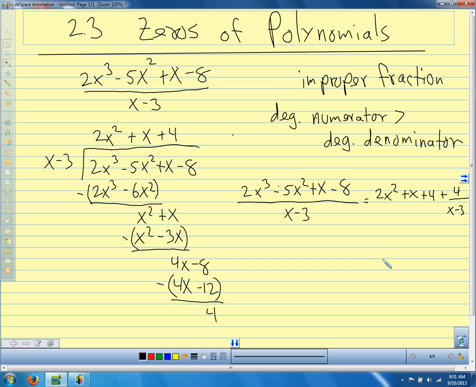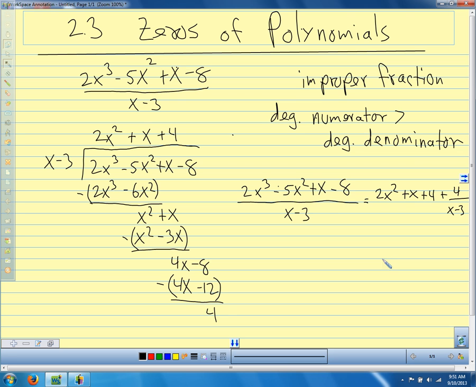Yes? That means that x minus 3 is not a factor, because if you remember doing this before, when we divide by a factor, what's our remainder? 0. And that's really what we're getting at in this particular section, is using division to find zeros.